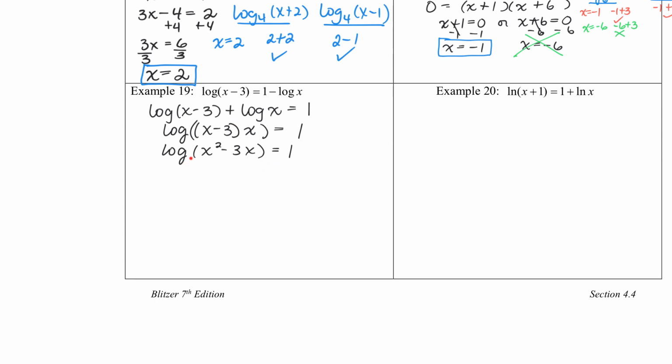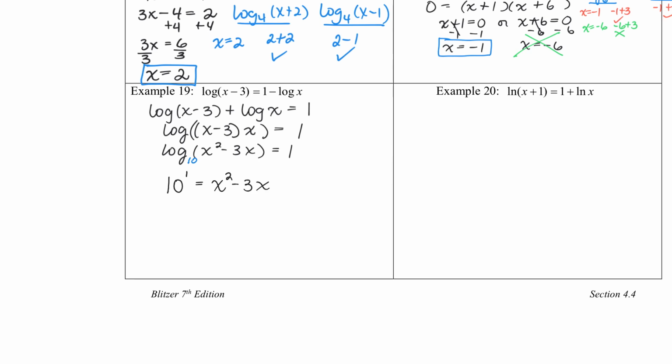Now I have a single logarithm equal to a constant, and I need to remember that this is base 10. This is a common logarithm, so I know it's base 10. So that's going to help me when I'm thinking about how to write this in exponential form. So the base is 10, the exponent's 1, the result is x squared minus 3x.